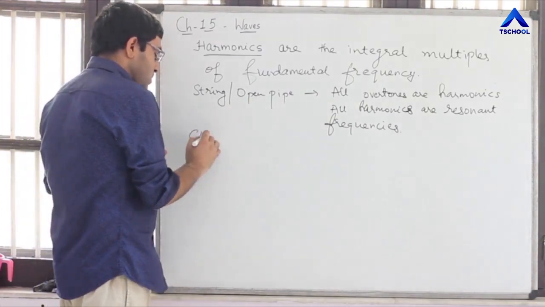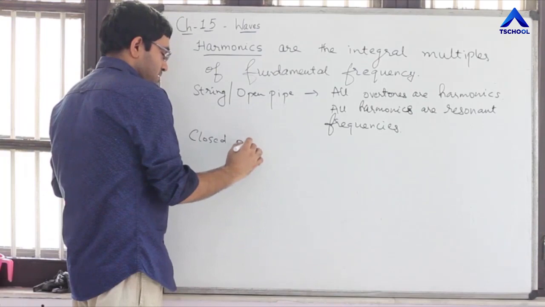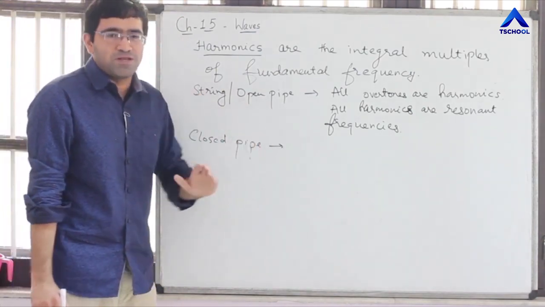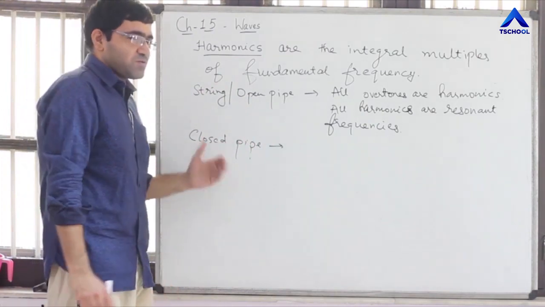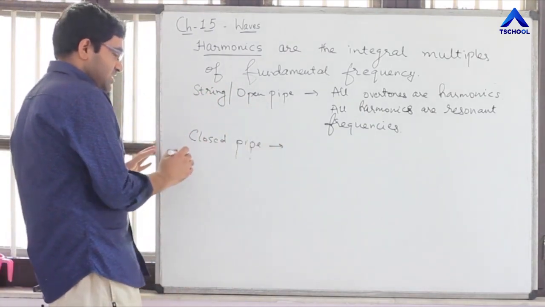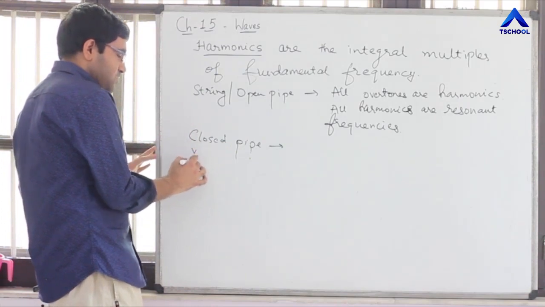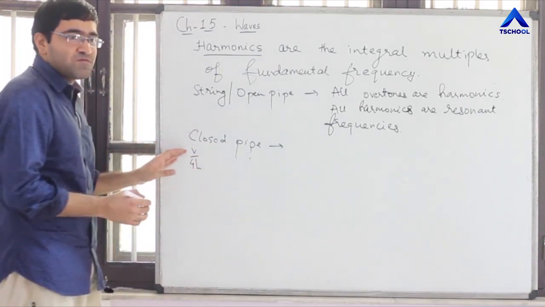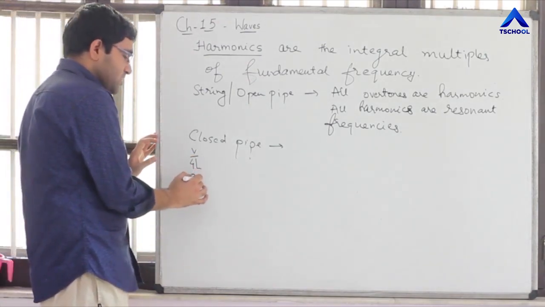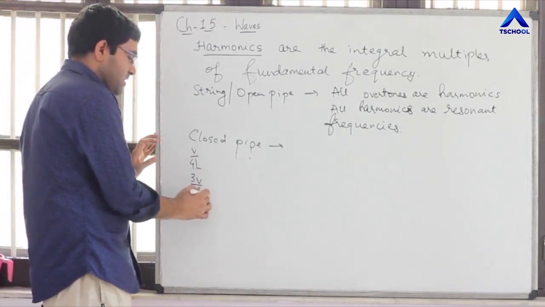But if we go to a closed pipe, the relation, I'm going to write it in a moment, but let me just explain over here so it's very clear to you the moment you read it. What we have seen is that for a closed pipe, V by 4L is the fundamental frequency. Then the first overtone is 3V by 4L.